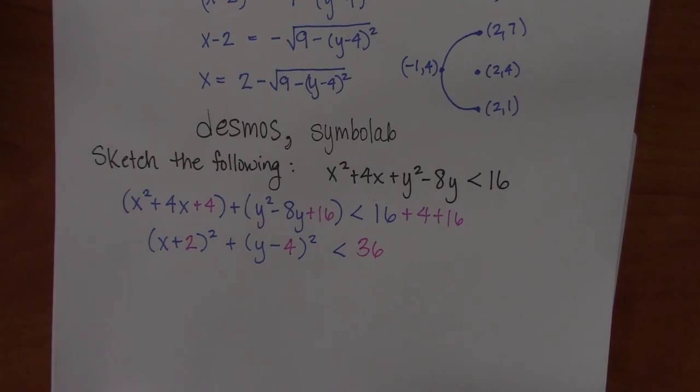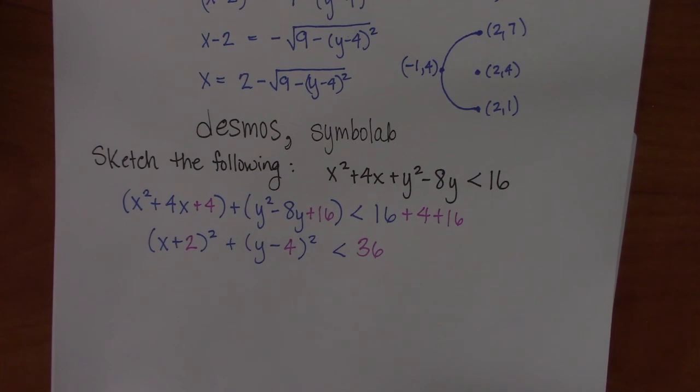So what this inequality is actually saying, notice there's not an equal to sign here. If this were an equal sign, we would actually be talking about the points on the circle themselves. If this were less than or equal to, then it would be saying we want all the points inside the circle plus the points on the outer edge. But because it is strictly less than 36, we can't include the circle itself.